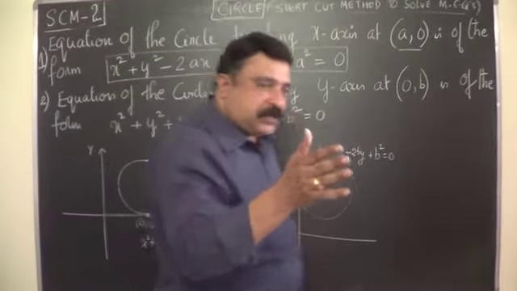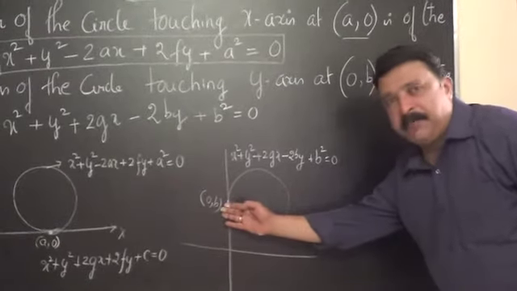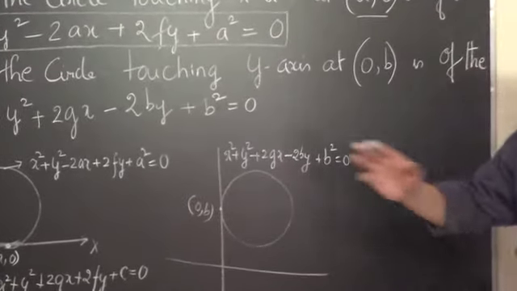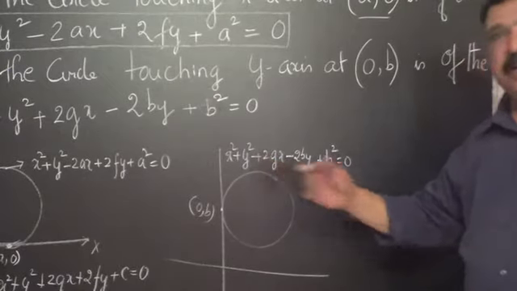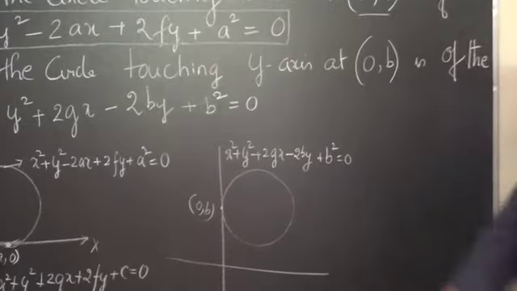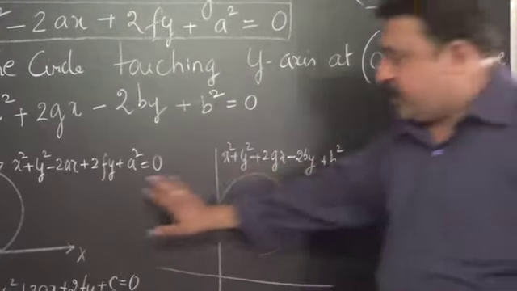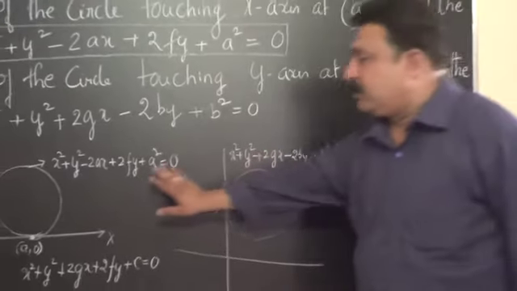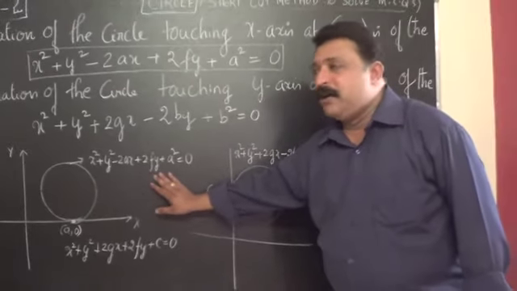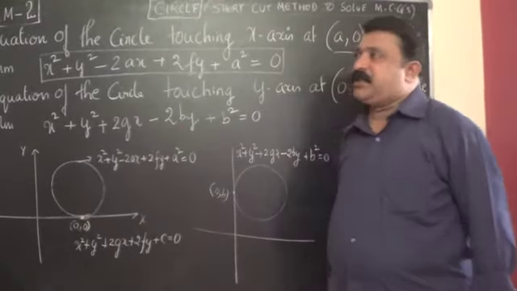What is the equation of the circle which touches the y-axis at 0 comma b? The equation is x square plus y square plus 2gx minus 2by plus b square is equal to 0. These two equations are extremely helpful in solving problems quickly.